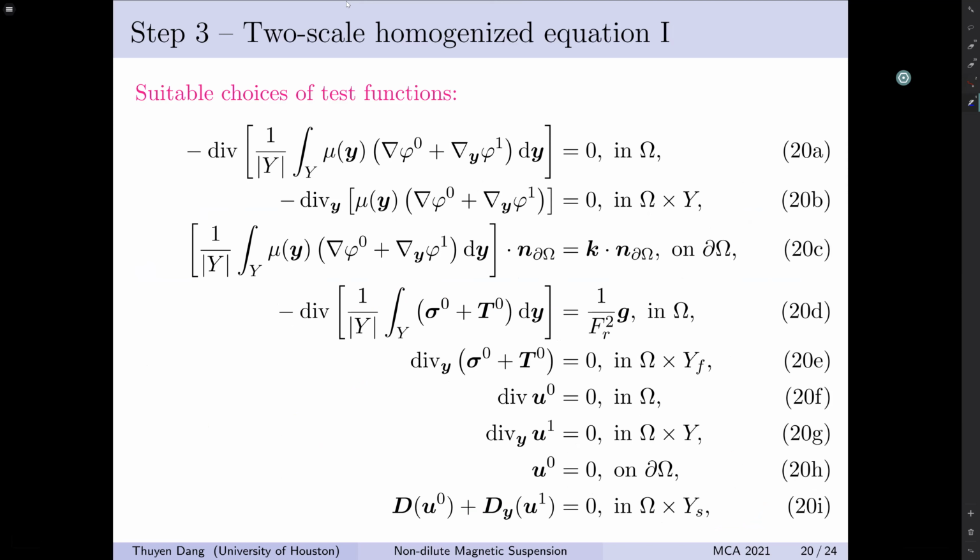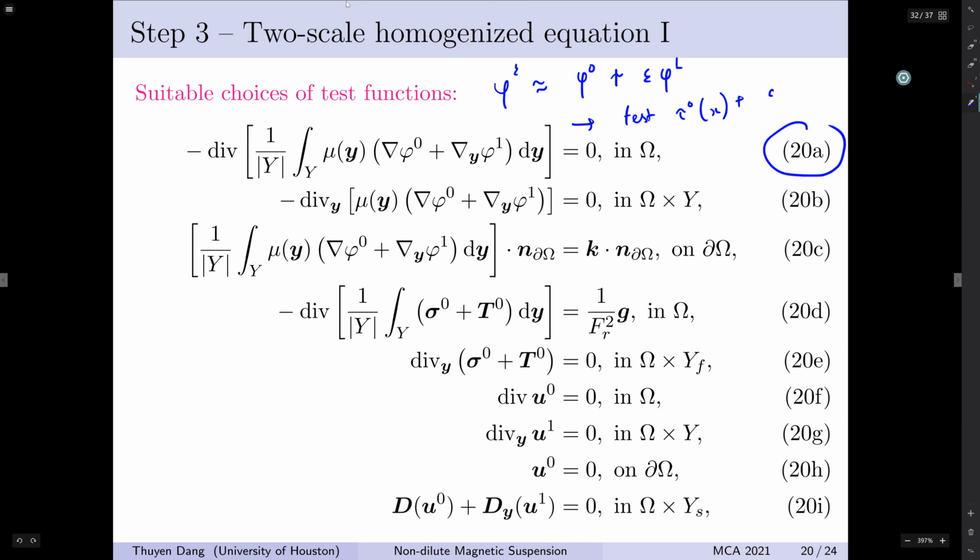For example, if you want to derive this first equation here, then because you have the formal asymptotic expansion, phi epsilon is approximated by phi naught plus epsilon times phi 1, you will choose some test function that has the form tau naught of s plus epsilon times tau 1 of s over epsilon.